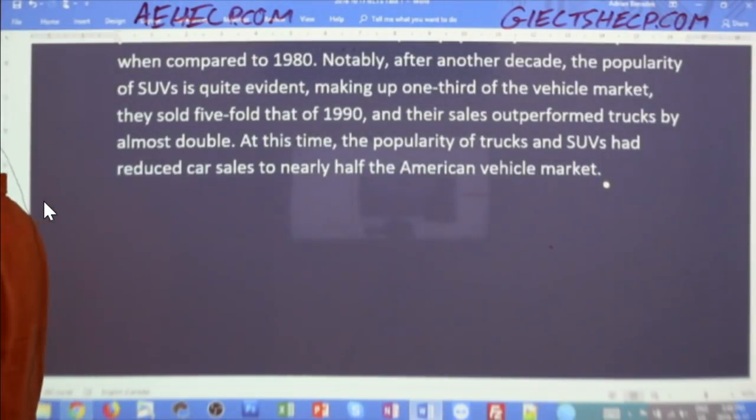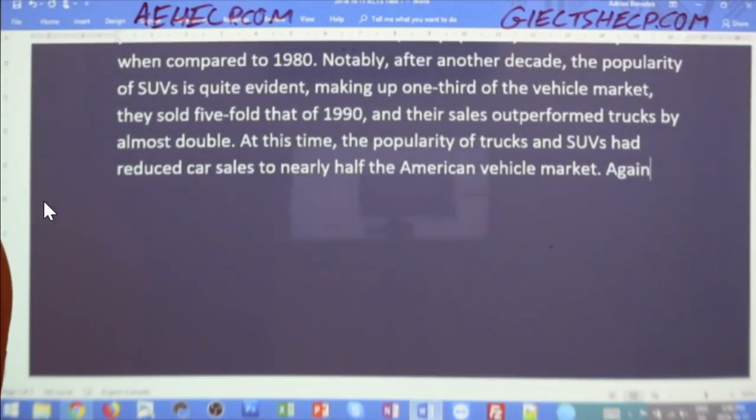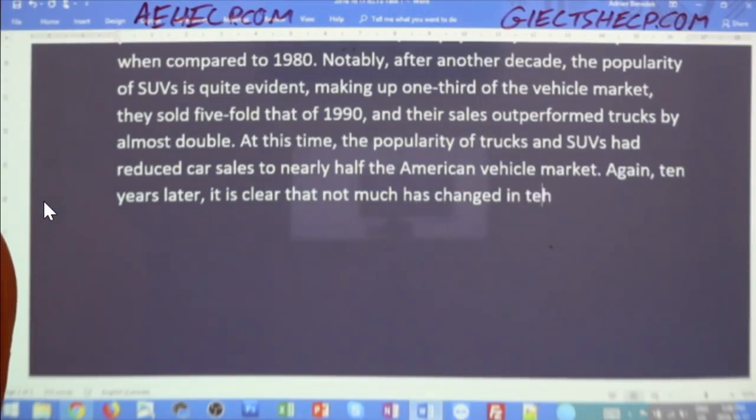So again, 10 years later, it is clear that not much has changed in the vehicle preference of the U.S. public.